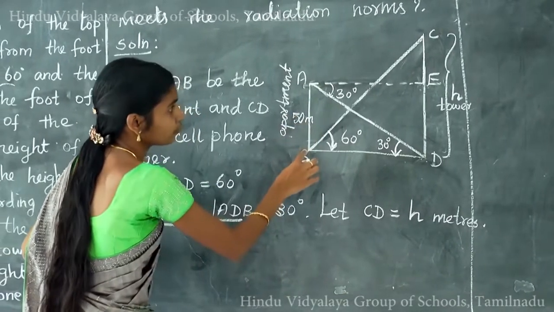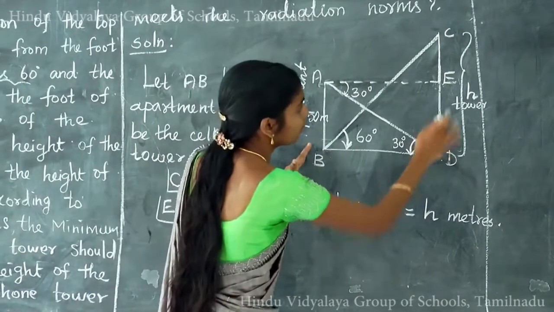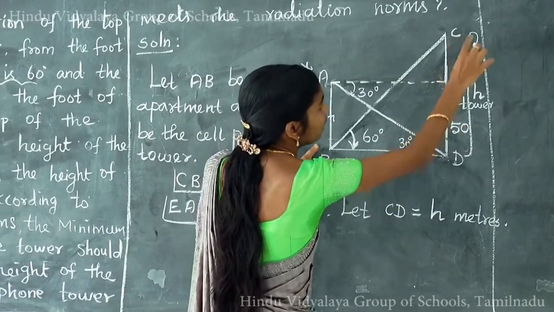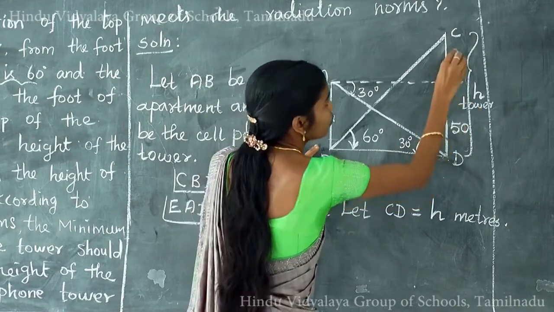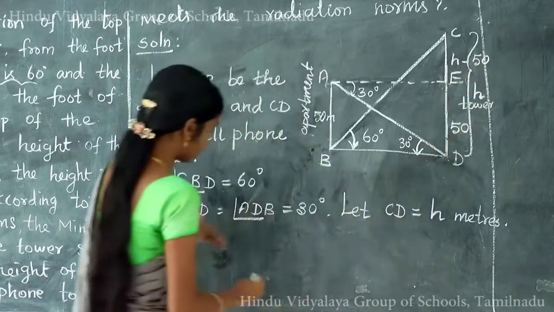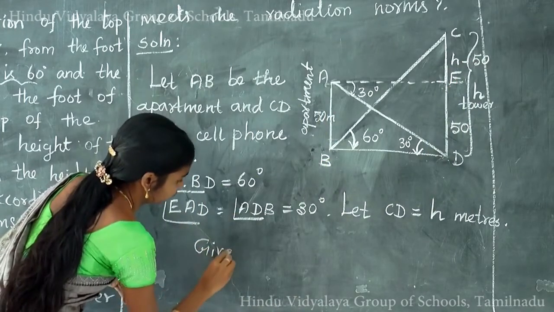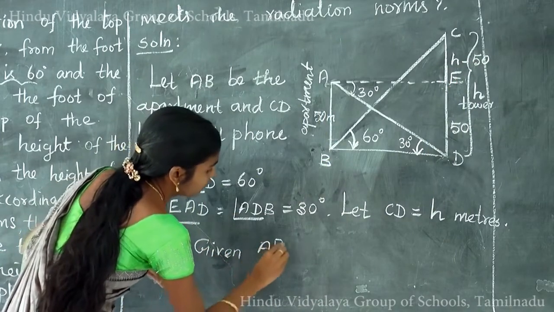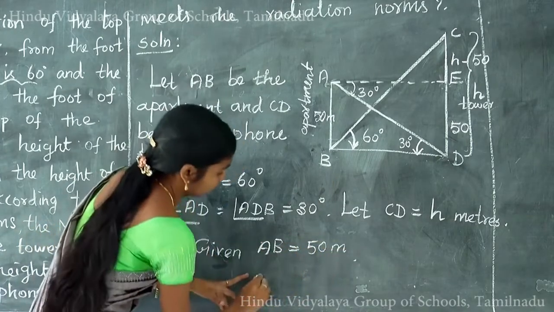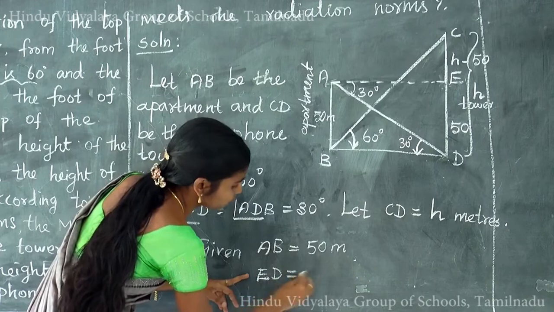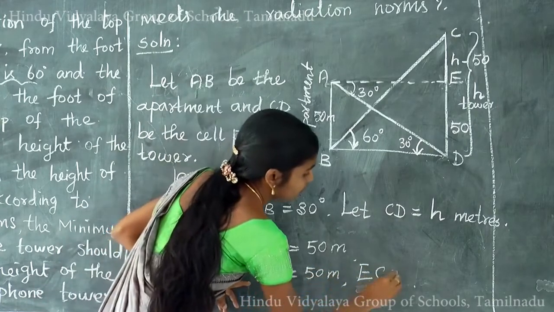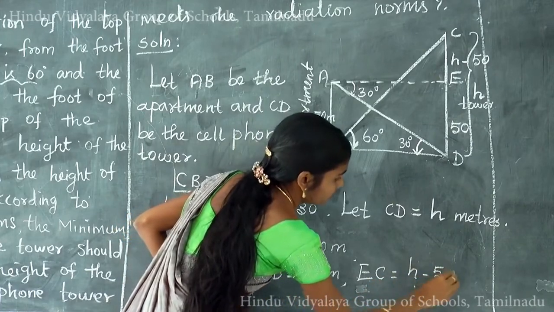So AB is equal to 50 meter means DE is also 50. So the height EC is h minus 50. Given AB is equal to 50 meter. Also from the diagram, ED is also 50 meter and EC is h minus 50 meter.